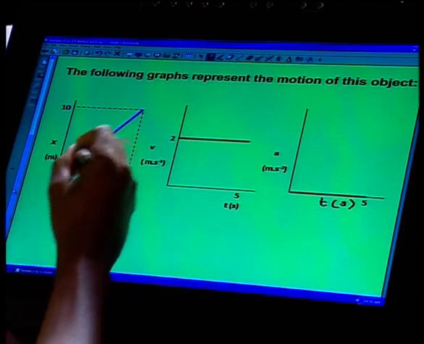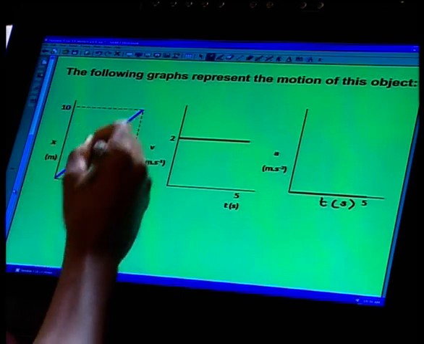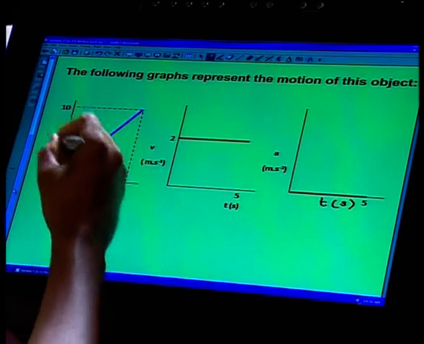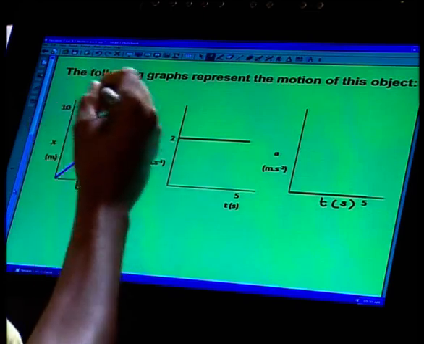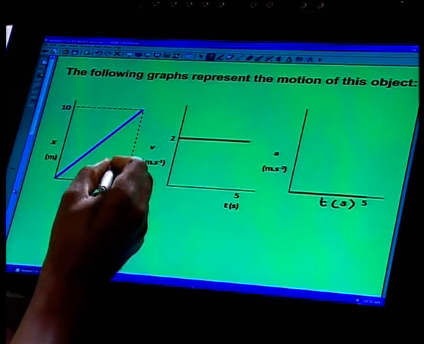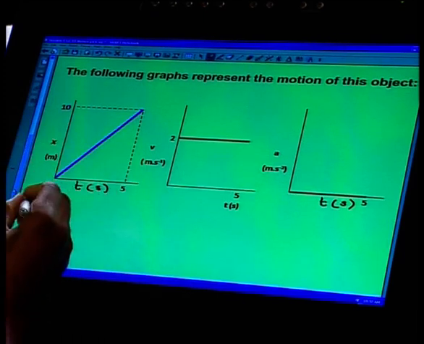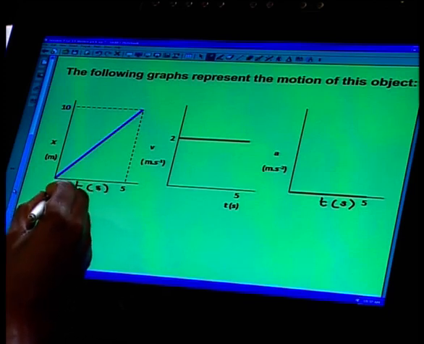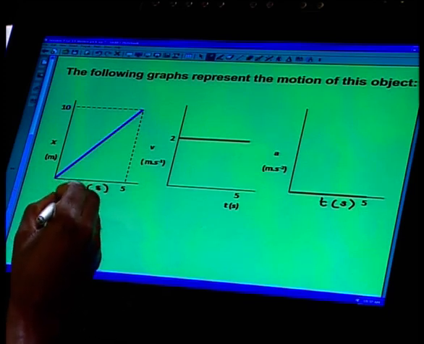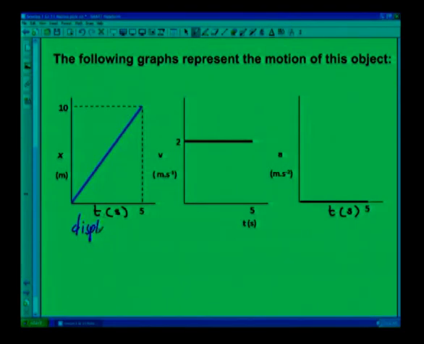If the change in displacement is happening in the same way within equal time intervals, what we would have if we were to draw a graph of displacement time or position time, it's this shape here.